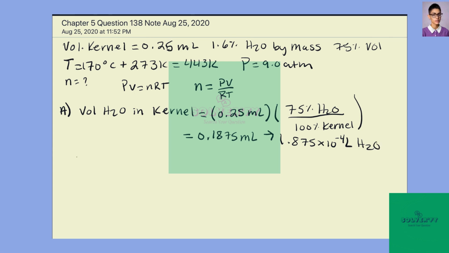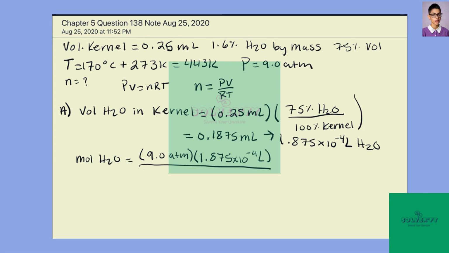So now let's get the moles of water. So our moles of H2O is going to be our atmospheric pressure, so 9 atm, times our volume of water, so 1.875 times 10 to the negative 4 liters. We're going to divide this by our R value.